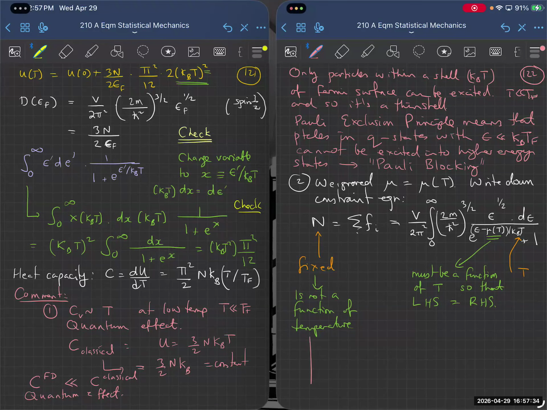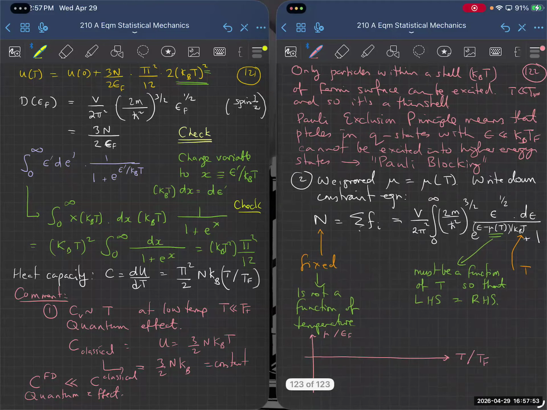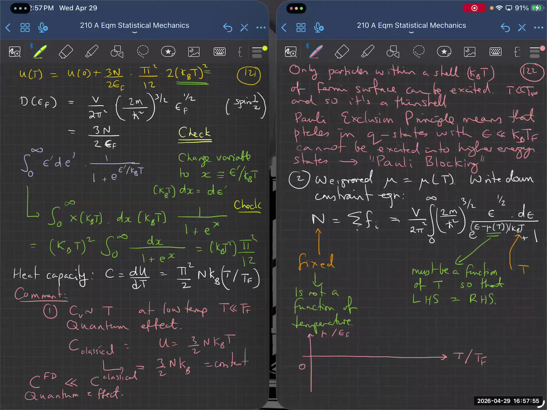So let's have a look at what that looks like. Here I'm drawing temperature, and I'm going to normalize it by the Fermi temperature. Here I'm going to draw the chemical potential, and I'm going to non-dimensionalize it by dividing by the value at T equals 0. So here is 0, and then this value over here is equal to 1.